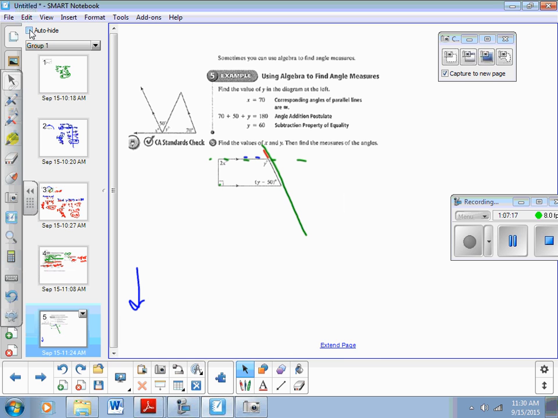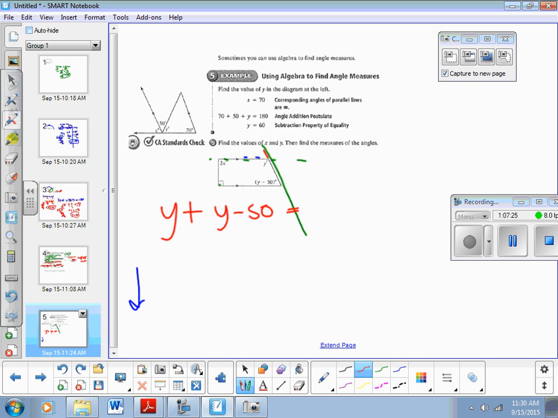Y plus y minus 50 should add up to equal how much? 180. These are called same side interior angles. That's back from when we were highlighting and reading those definitions. This is y minus 50. It's the same as your copy.